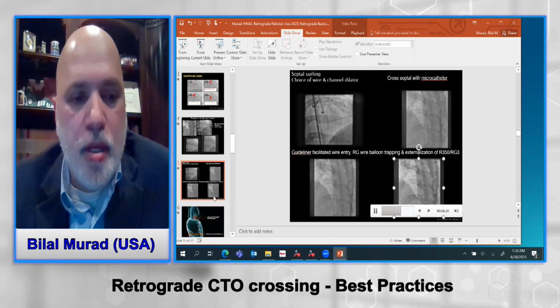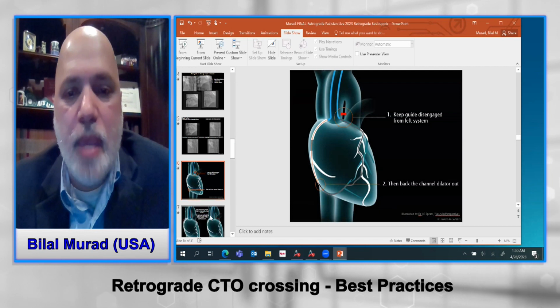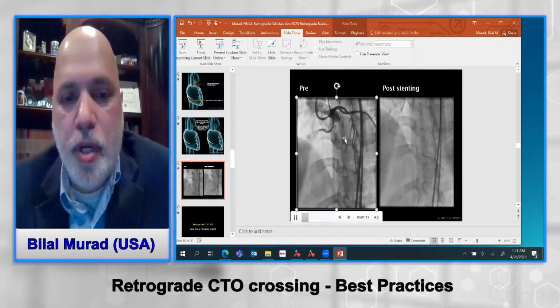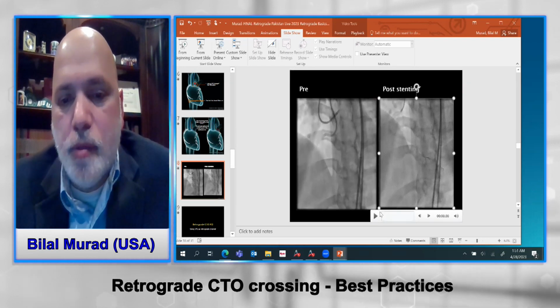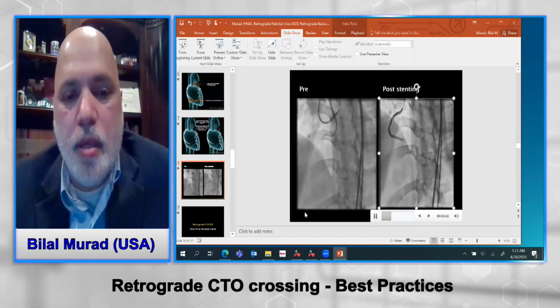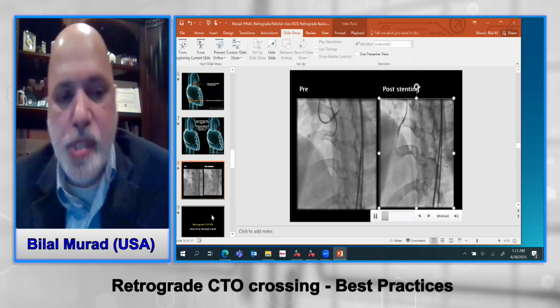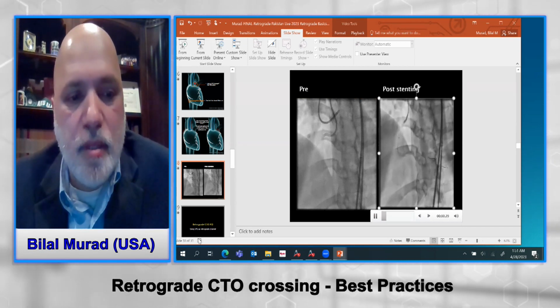Once it's there, the next step is to externalize the wire, go over it and stent it. So this is the final result in comparison with the proximal pre-PCI angiogram.